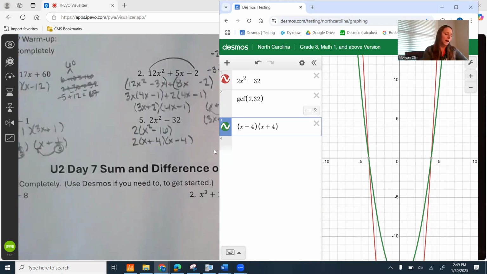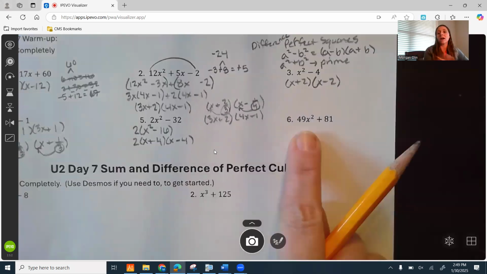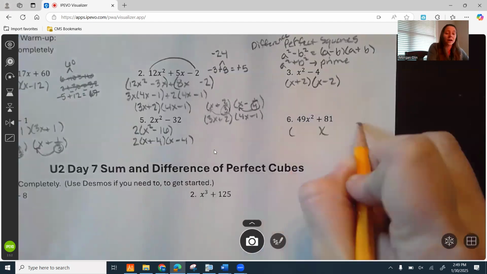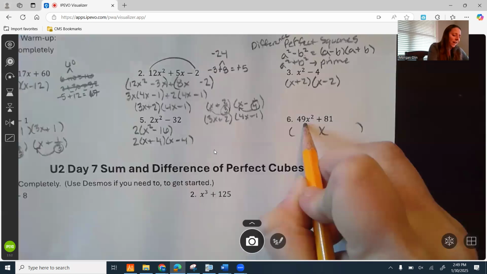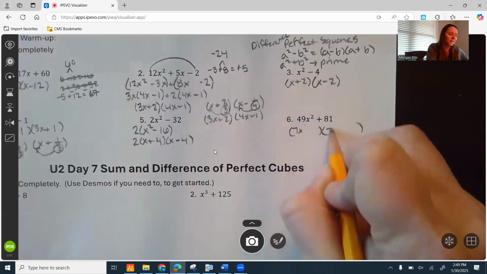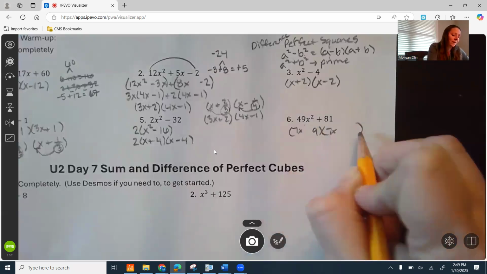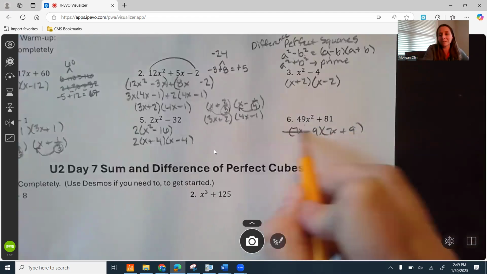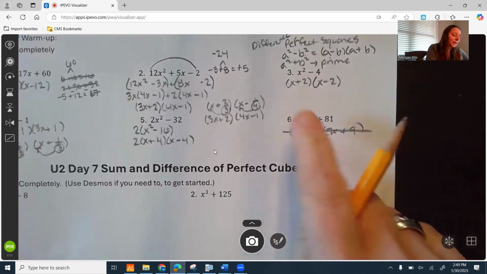All right. Now, what about this one right here? I recognize it. Oh, perfect squares. So a lot of you are going to start going like this. You're going to say, okay, the square root of 49x squared is 7x, the square root of 81 is 9, so plus minus, is that correct? No. Why not? Because that is a plus.